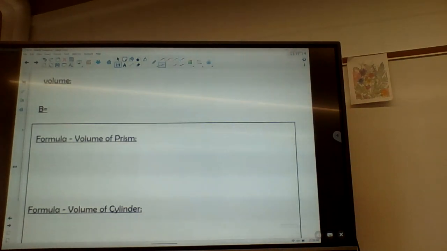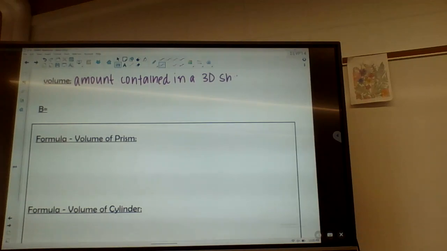So again, the volume is the amount contained in a 3D shape.